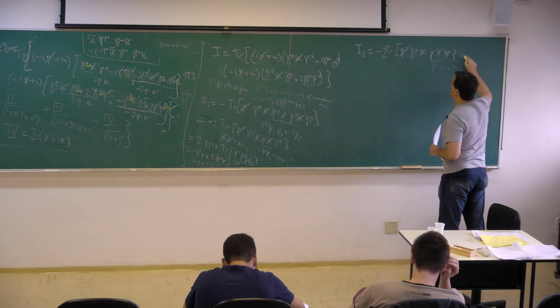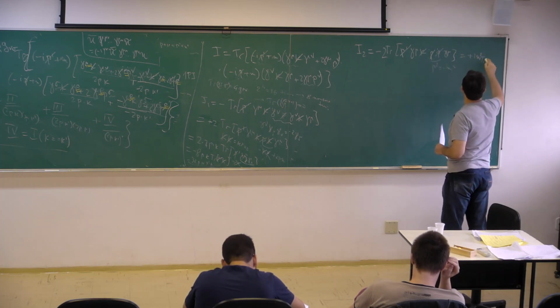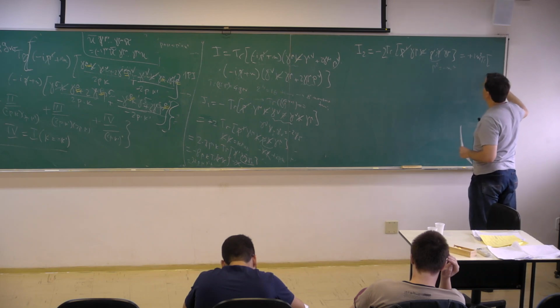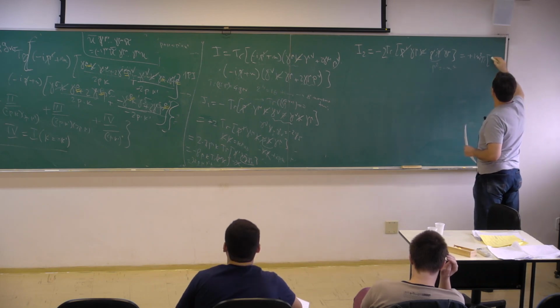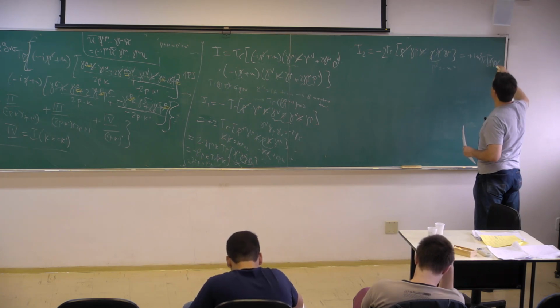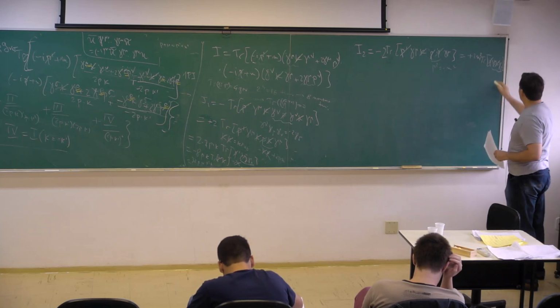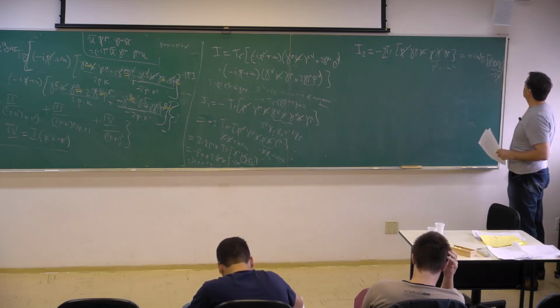So this is equal to plus 2m squared trace p prime slash gamma mu k slash gamma mu. And this thing, as we saw, is minus 2k slash.